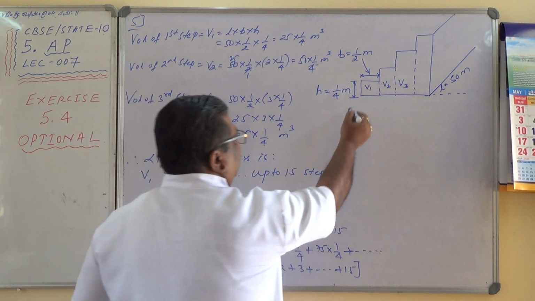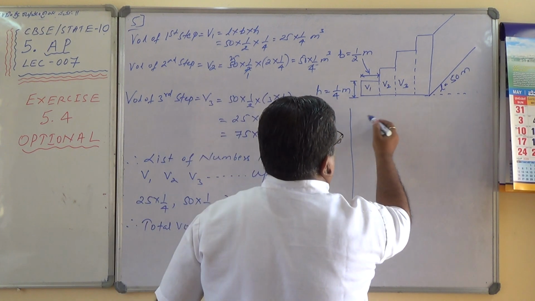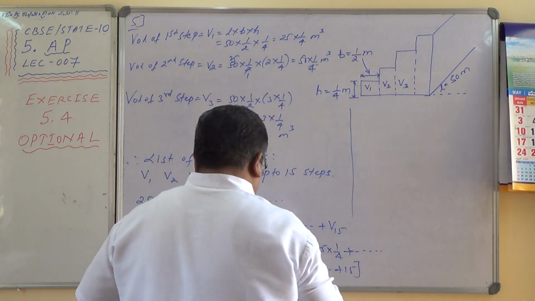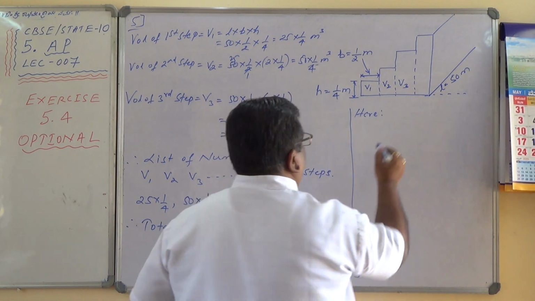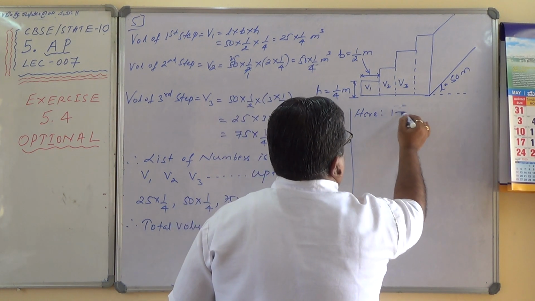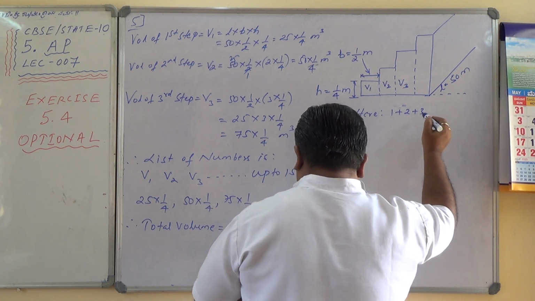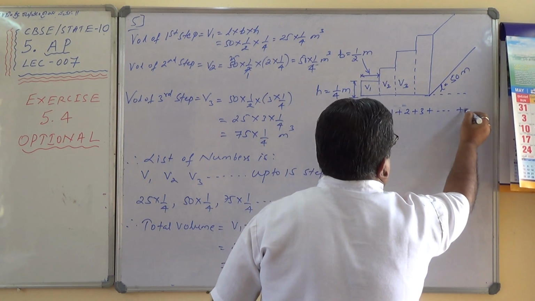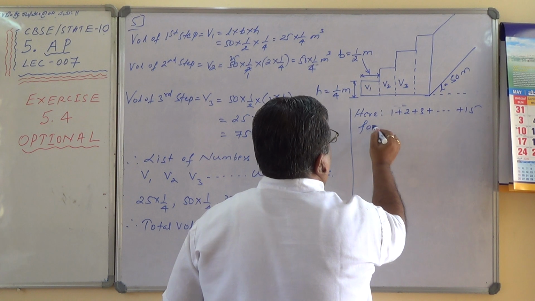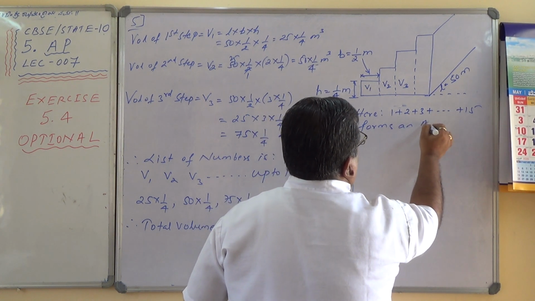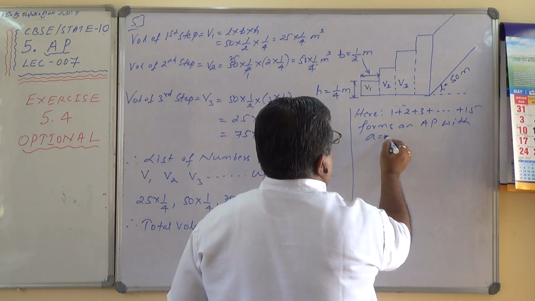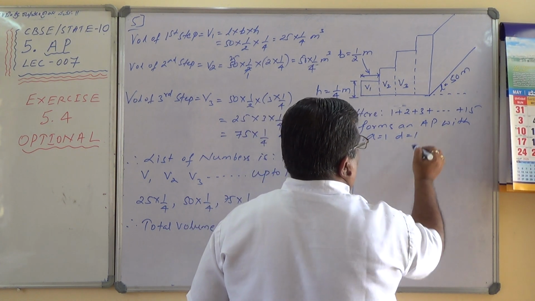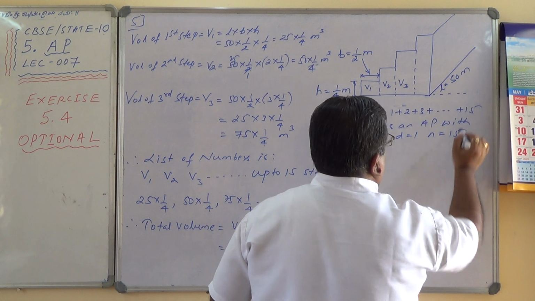Therefore I'll write, therefore here 1 plus 2 plus 3 plus up to 15 forms an AP with A equals 1, D equals 1 and N equals 15.